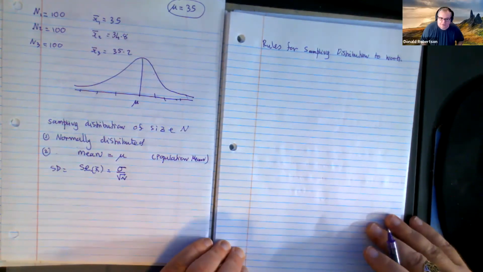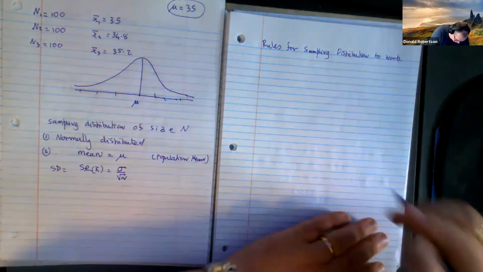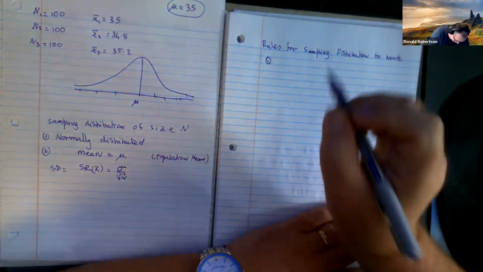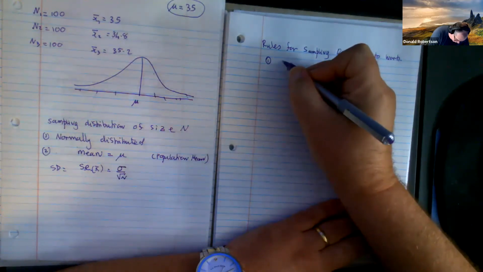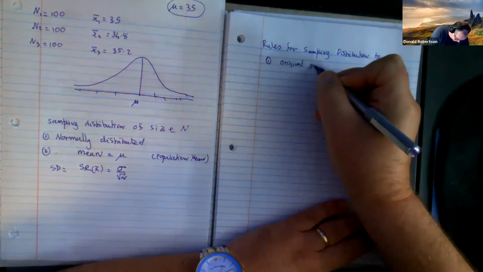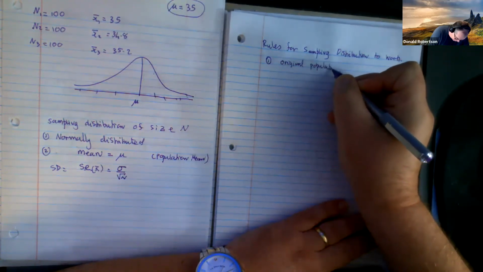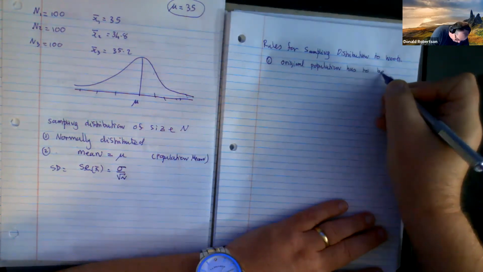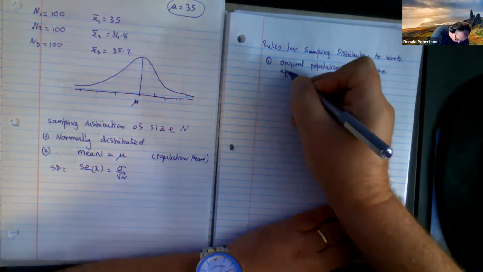Now, what are the rules for being able to do this? There are only two main rules that you need to use. The first rule is that the original population has to be approximately normal in shape.